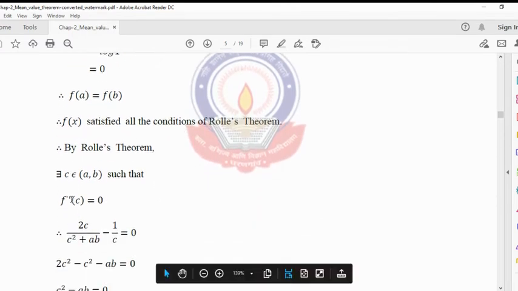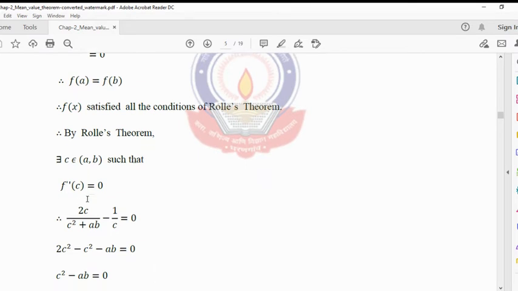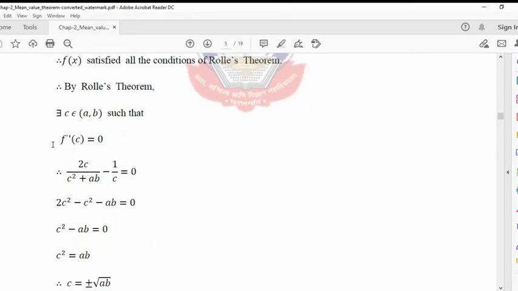So by using Rolle's theorem, there exists c belonging to open interval ab such that f dash c is equal to 0. So put x is equal to c in f dash of x: 2c upon c square plus ab minus 1 upon c is equal to 0. Take the cross multiplication: 2c square minus c square minus ab is equal to 0, and the denominator gets cancelled.